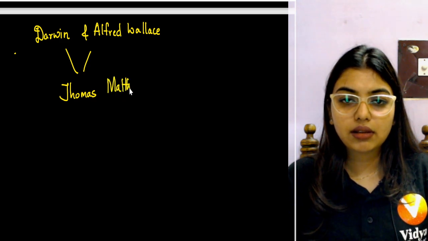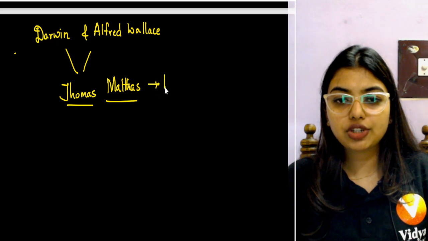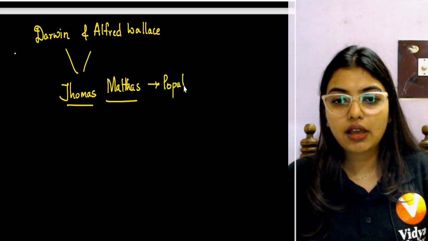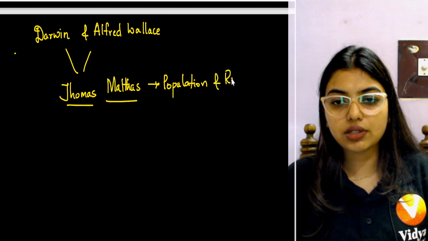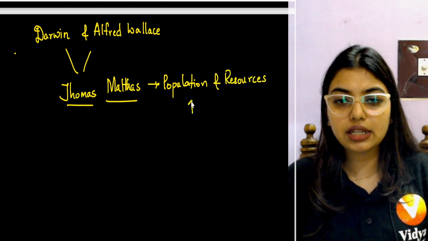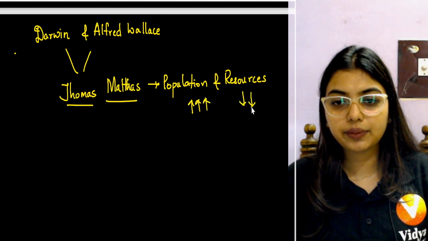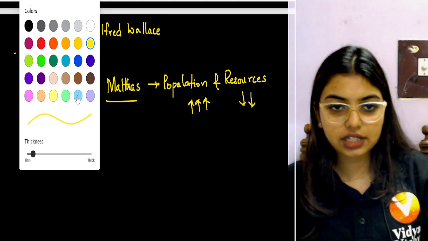Malthus spoke about population and resources. He told that population is continuously increasing, but resources are not increasing. One is a geometric growth, one is an arithmetic growth.